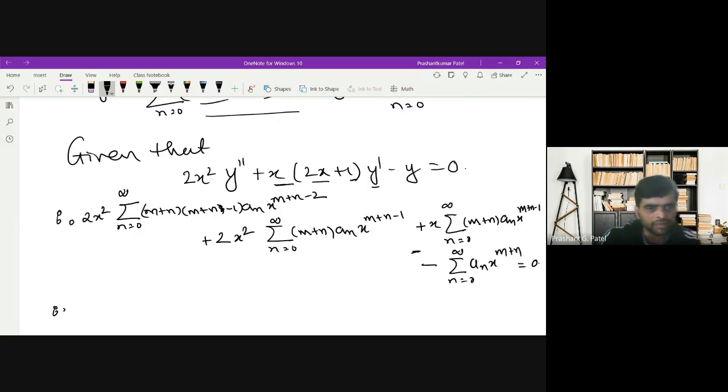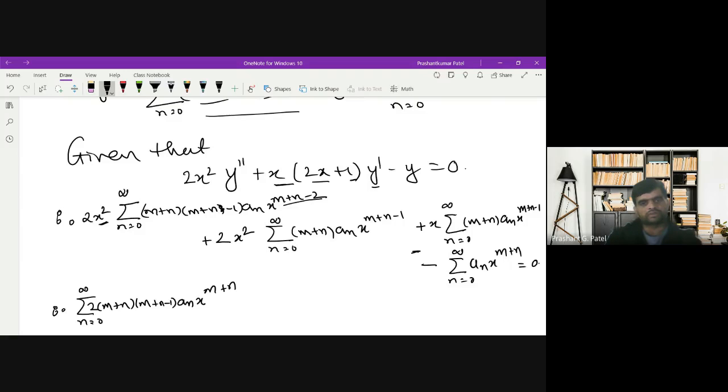Let us simplify this. Then this is summation n running from 0 to infinity 2 (m plus n) (m plus n minus 1) a n x raised to m plus n, because x square is multiplied to this, so it is m plus n, and this 2 is also multiplied inside.